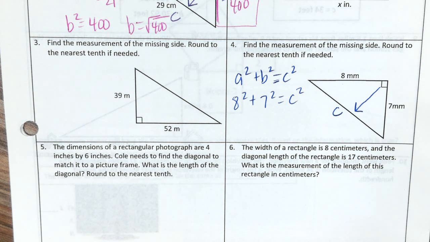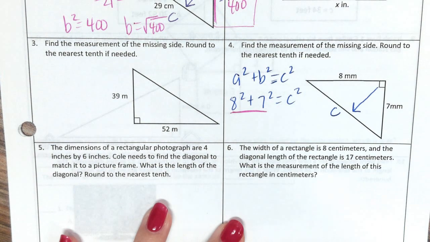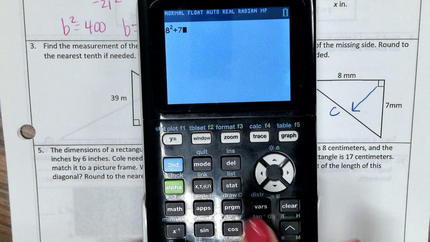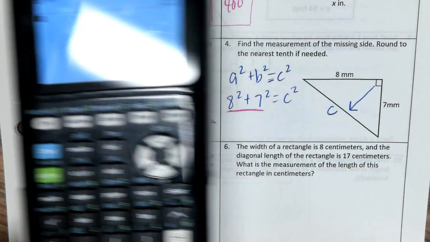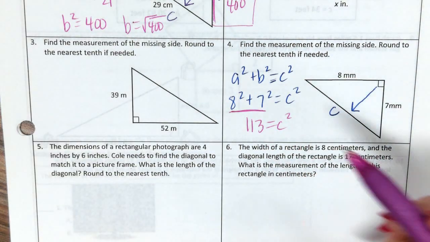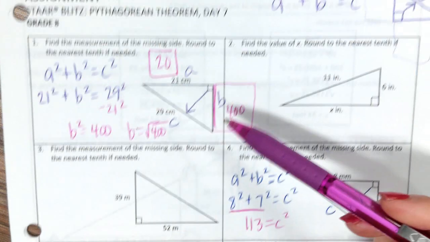Am I going to add or subtract? When you're solving for C, you add because they're on the same side and you can. So I would say 8 squared plus 7 squared is 113. What did I just find? Anybody, what is 113 representing? I just told you all up here.